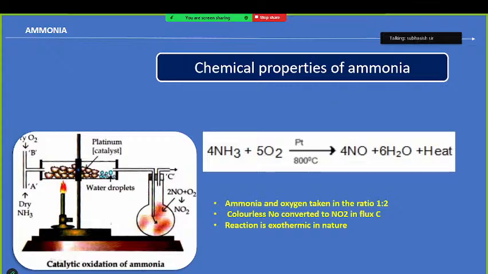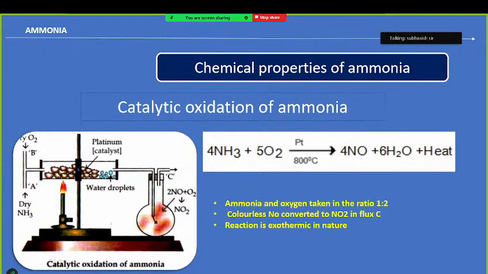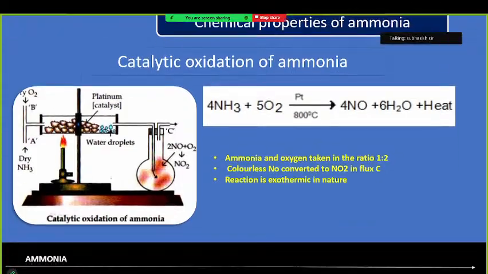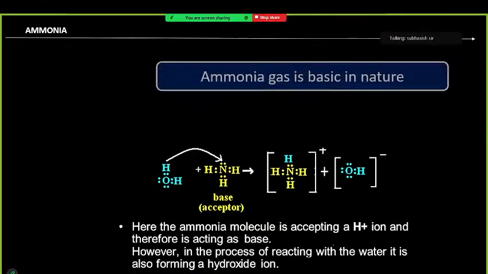So this is one of the important reactions, showing how ammonia reacts with oxygen in the presence and absence of catalyst. In the absence of catalyst, it forms nitrogen, and in the presence of catalyst, it forms nitric oxide. This is the catalytic oxidation of ammonia.